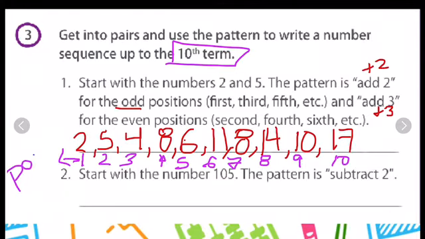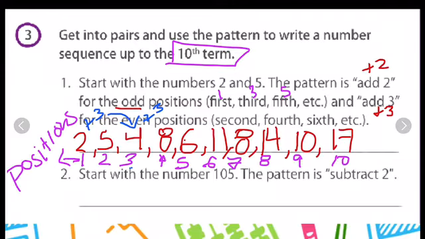These are the positions, and the red one is the number sequence. So on the first one, first, third, and fifth, you add 3. So here 1 plus 3 will be 4. Third position, 4 plus 3.